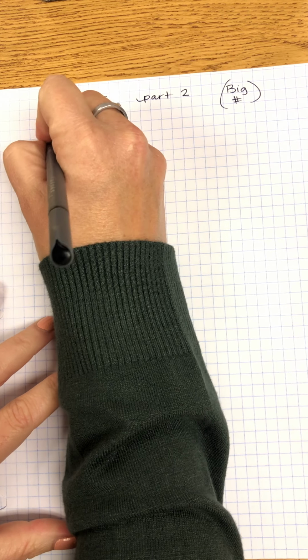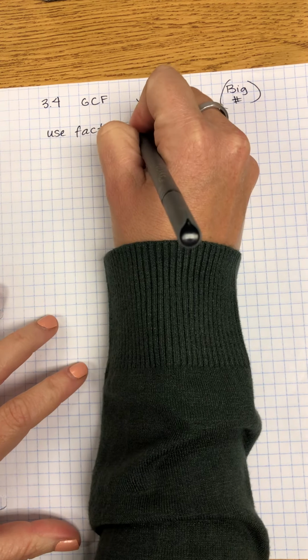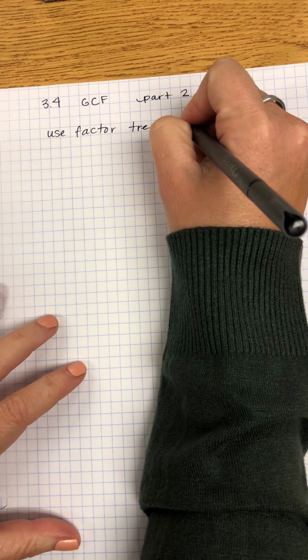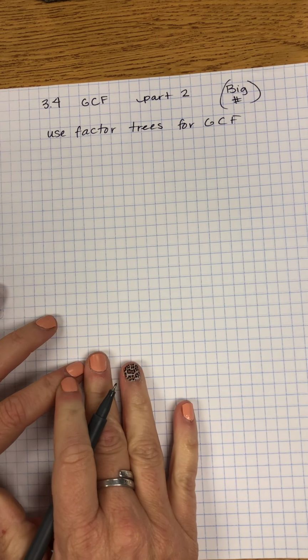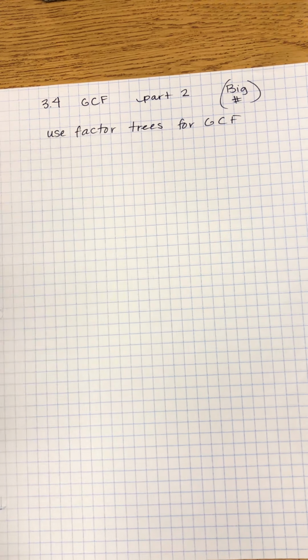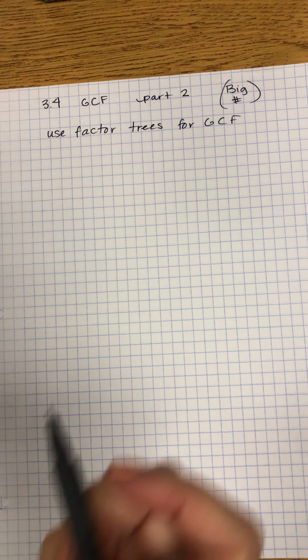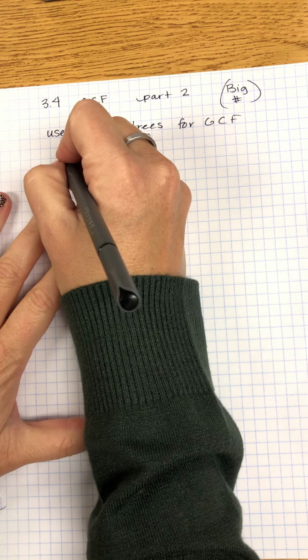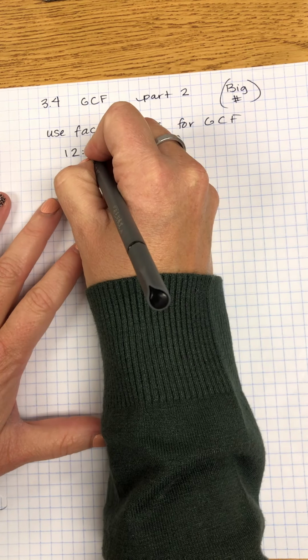Today we're going to use factor trees to help us find the GCF. And even if the numbers are small-ish, this is what you're going to use when you don't know all the factors, right? Because when we're trying to find factors of 12, the old way, we have to know all of the factors.